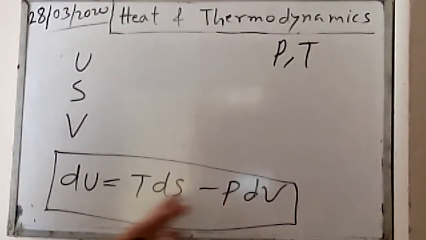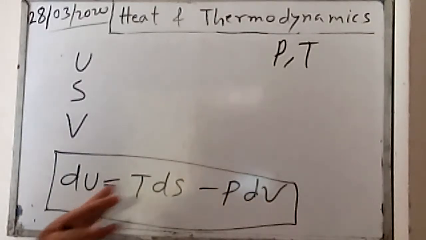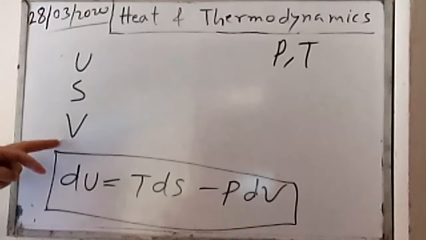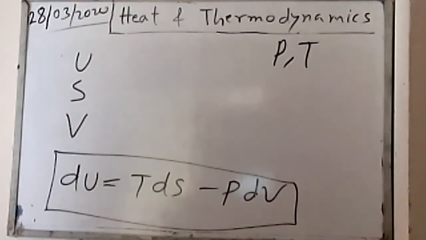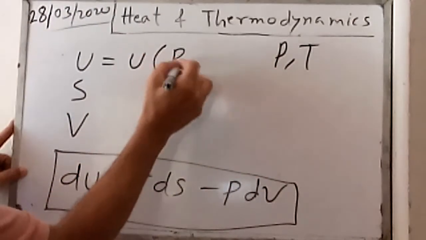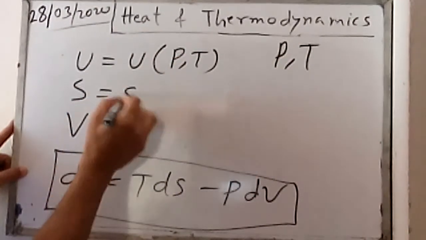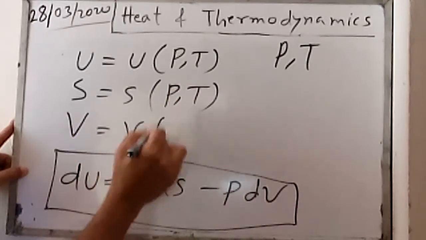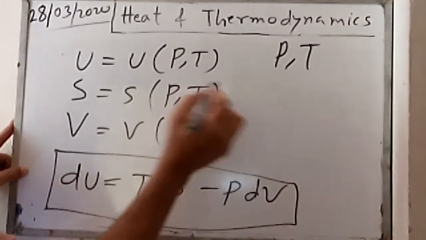From this equation there are 5 state functions; we know 2 of them and the others we don't know. Now U is a function of P and T, S is a function of P and T, and V is a function of P and T.